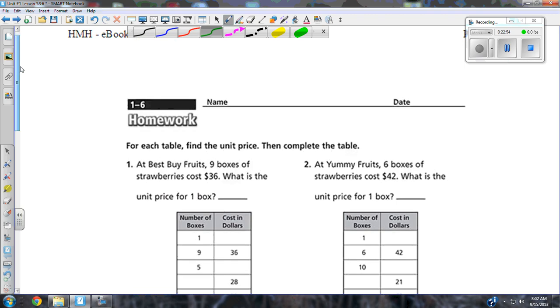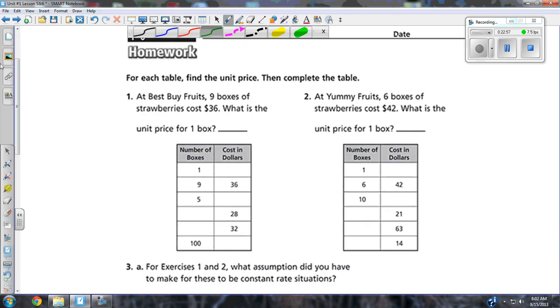Alright, homework then in school would look like this. For each table, find the unit rate, unit price, then complete the table. So let's look at number 1. At Best Buy Fruits, 9 boxes of strawberries cost $36. What is the unit price for 1 box?